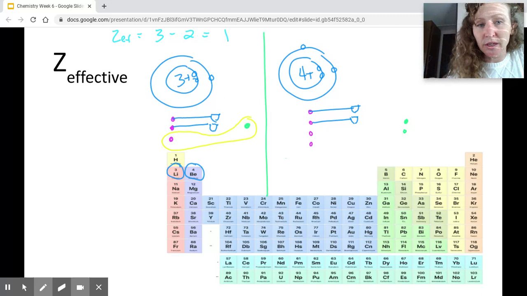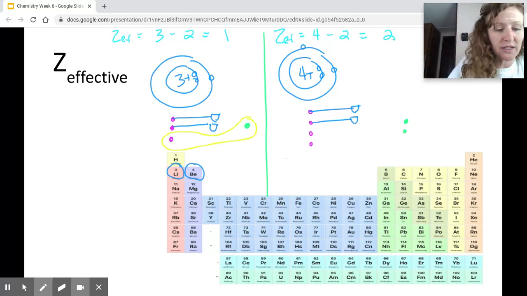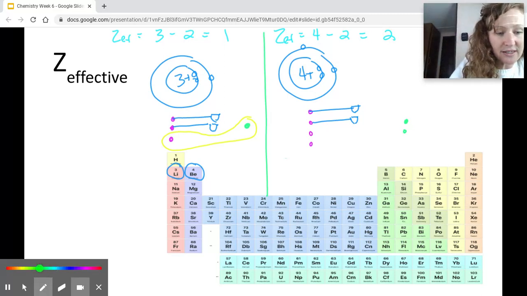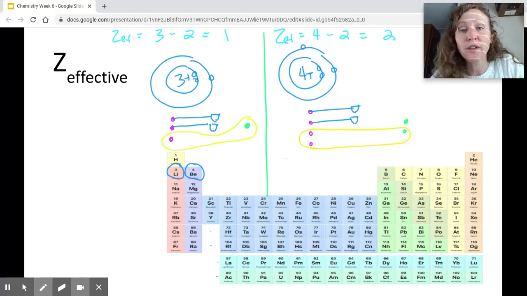Same thing with beryllium. We'll calculate Z effective. It's going to be nuclear charge minus core electrons equals the charge that the valence electrons actually feel coming from the nucleus. So notice something. Notice that the valence electrons for beryllium are each going to feel a nuclear charge of 2.